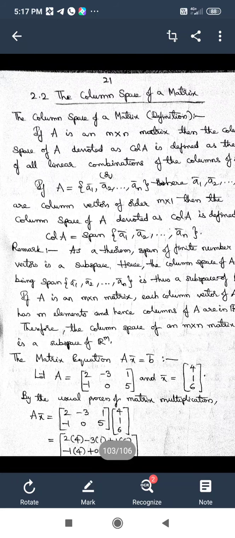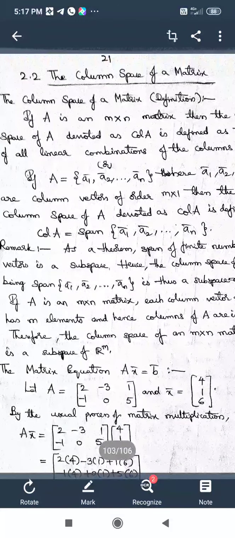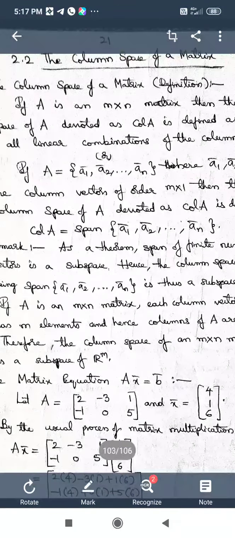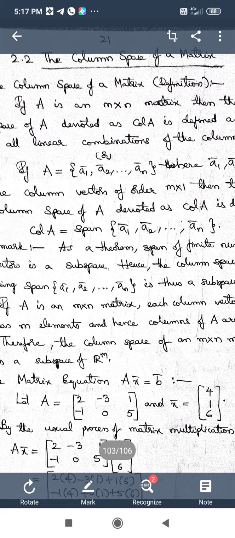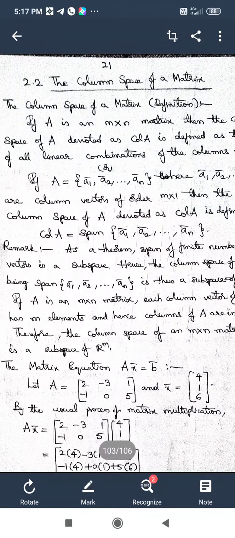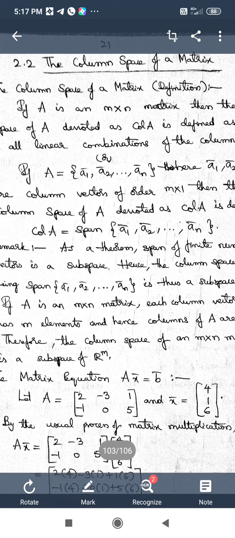As the definition of the term itself says, it is the column space of a matrix. So the definition needs a matrix of any order. First of all, to define the column space of a matrix, I am taking a matrix of order m by n.